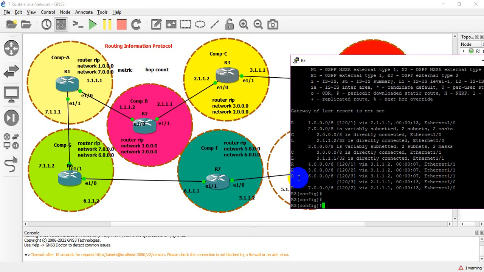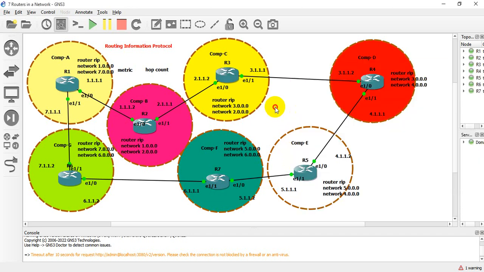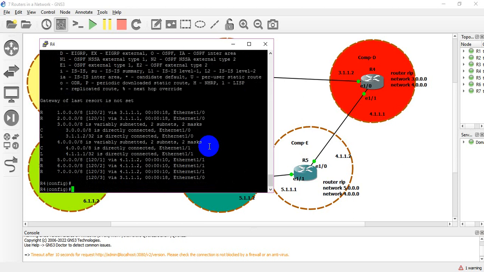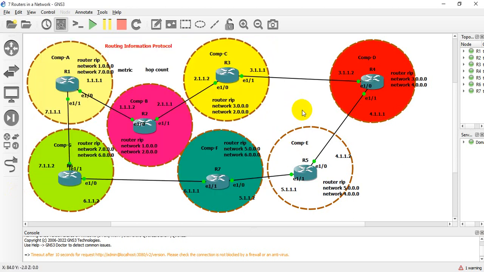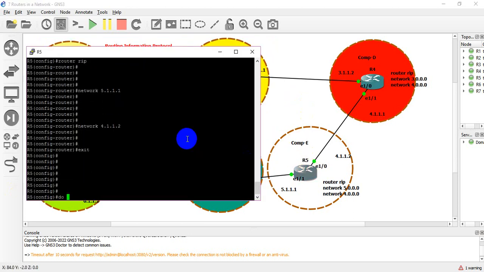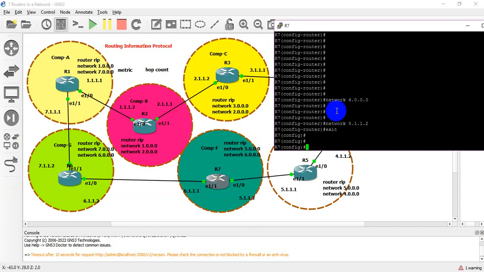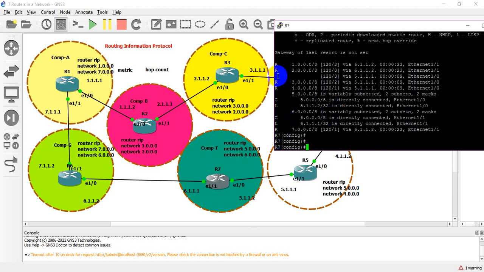So let me count it here. 1, 2, 3, 4, 5, 6, 7. Seven networks are available, and obviously these are seven networks. Checking each remaining router, again 1, 2, 3, 4, 5, 6, 7.